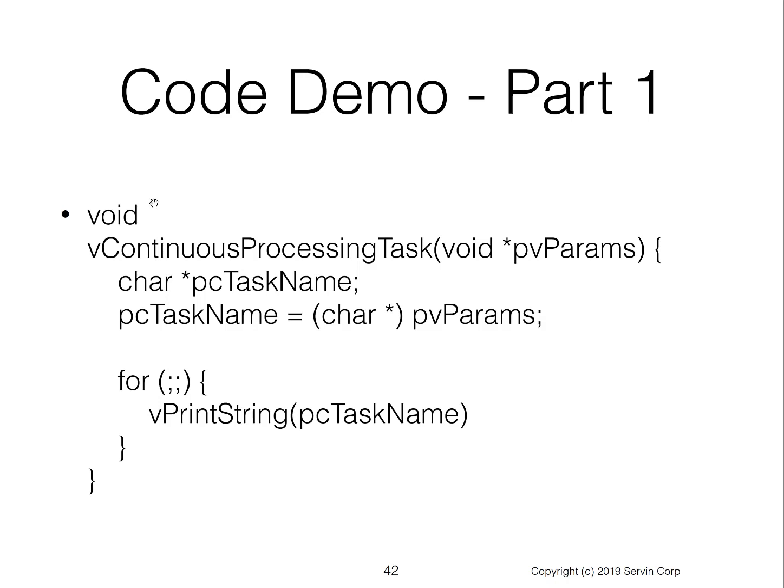So here in our code demo, we have this continuous processing task, and notice all this guy's going to do is spin in a loop, constantly printing out the task name. So just totally using time, printing out the name. That's the continuous processing task.